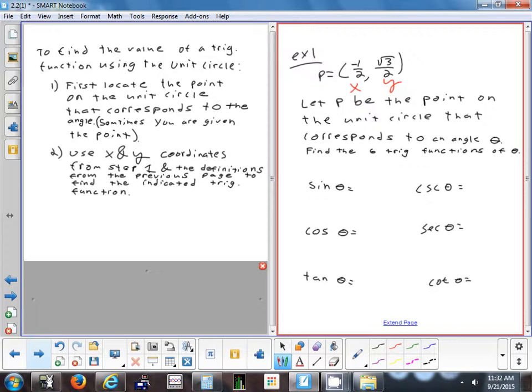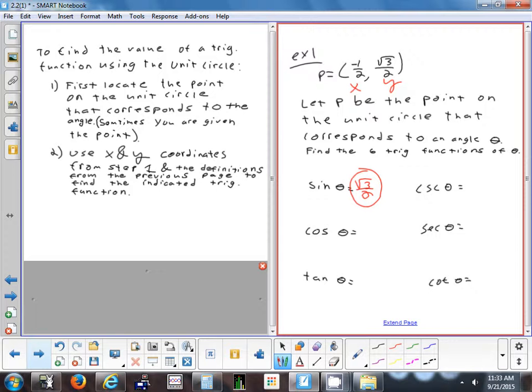Y, yeah. And in this case, what number is y? Square root of 3 over 2. That's it. That's your sine. Sine and cosine are the easiest ones to do. You don't have to flip it. There's no division. You're done.